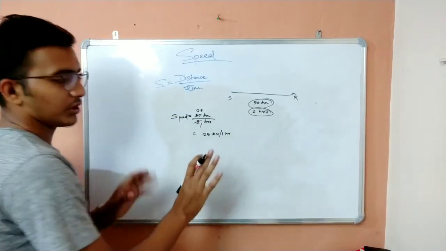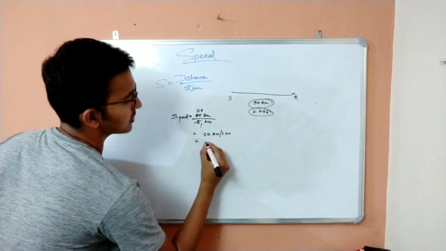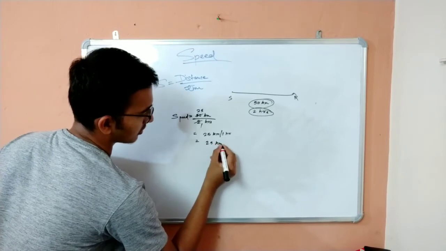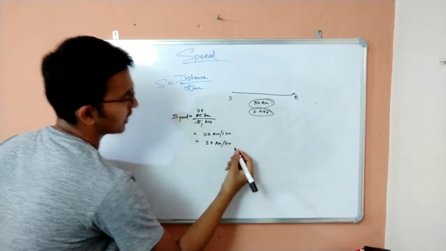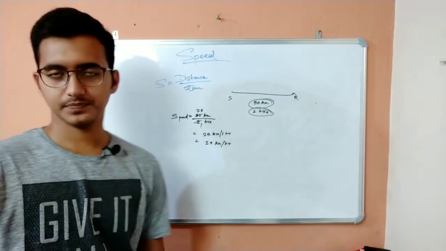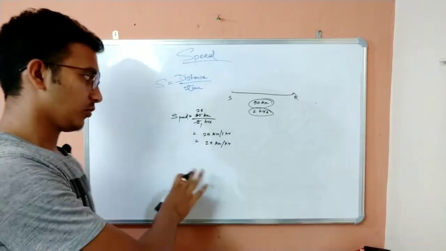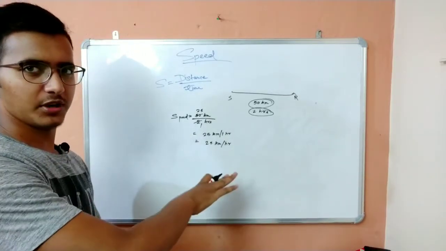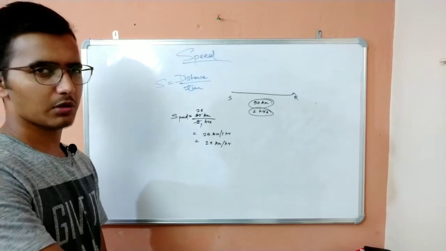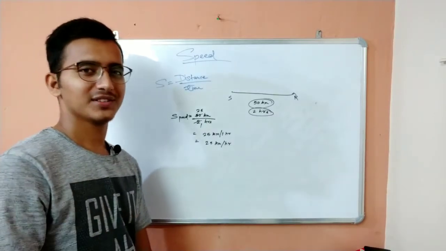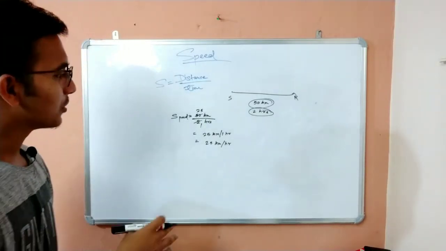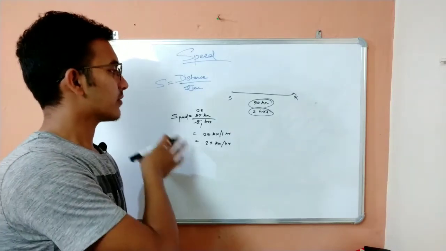Now I don't need to write this 1 hour, so that means 25 kilometers per hour. This was the speed. Now you all might have heard about this: 25 kilometers per hour, 100 kilometers per hour, riding super fast, isn't it? I know you get it. So 25 kilometers per hour is the speed.